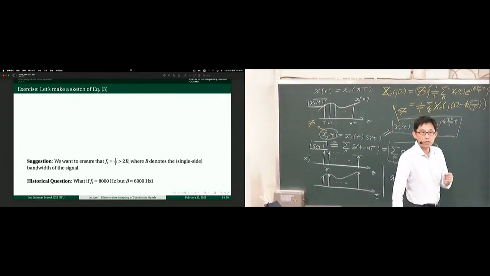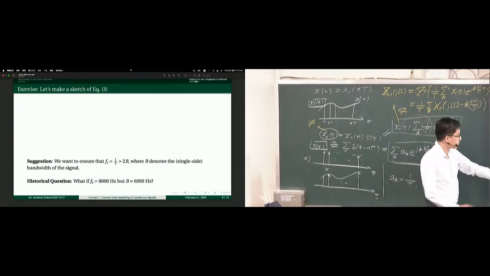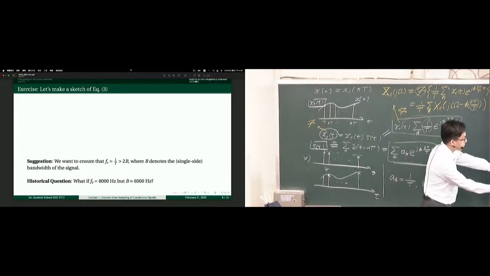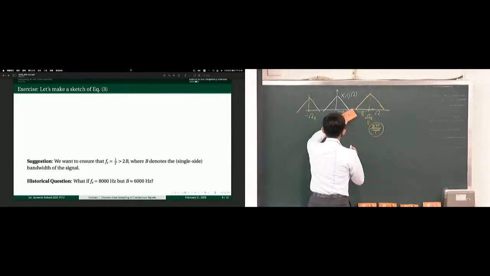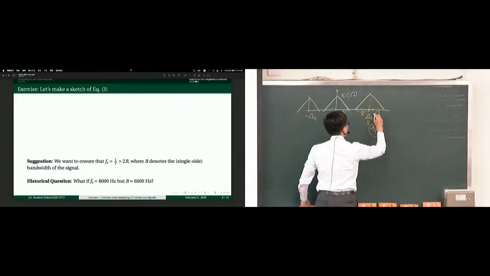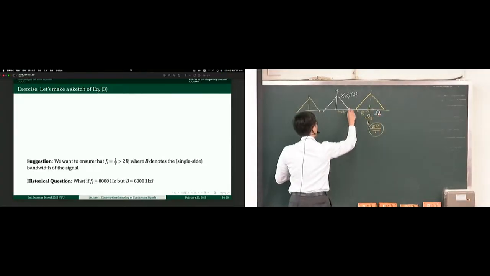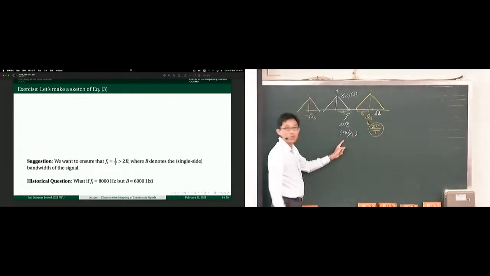T is a time, so 1 over T has the unit of hertz. Let's stick to this definition, where B denotes the bandwidth of a signal in hertz. Then in big omega, the bandwidth should be 2 pi B, and the unit is radians per second. That's the unit of omega.